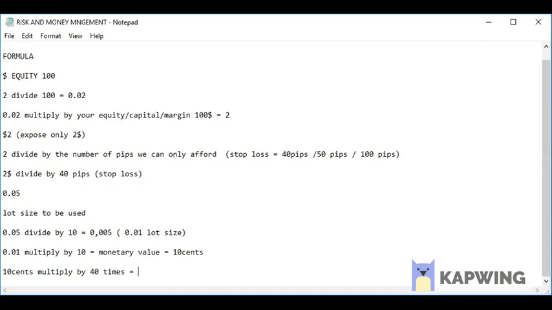First of all, you are dealing with 10 cents, right? That's how many cents are you going to lose 40 times? 400. Now, if you divide that 400 back into dollars, you are going to see that very money you were talking about. How much is 400 cents in dollars?